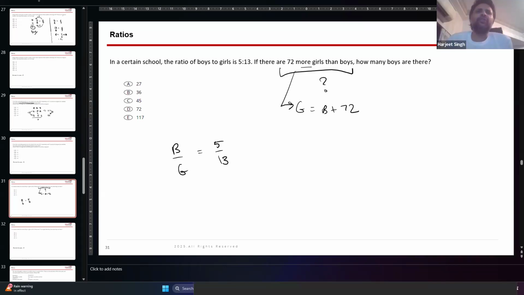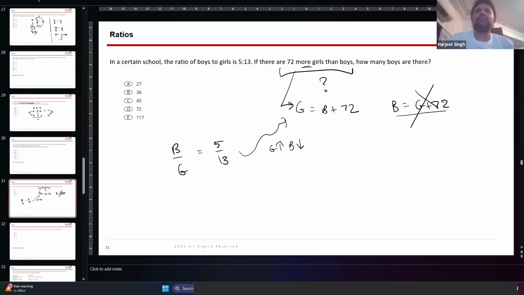Also, here the ratio of girls to boys is more, right? So this is also giving us a clue that girls are more and boys are less. Sometimes you can confuse it like this, but this is not true because girls are more and boys are less.